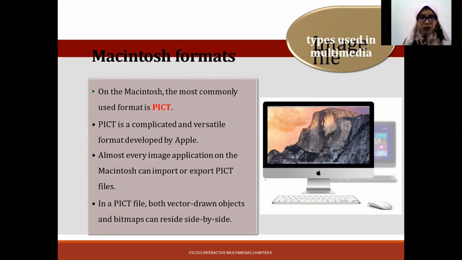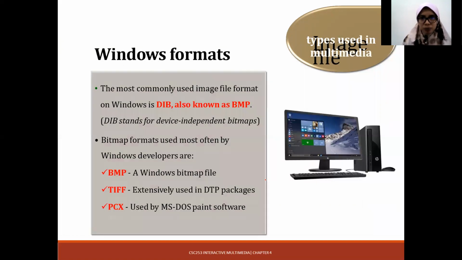Almost every image application on the Macintosh can import or export PICT files. Windows platform can also use PICT. In a PICT file, both vector drawn objects and bitmaps can reside side by side. That means you can use the PICT format for both.